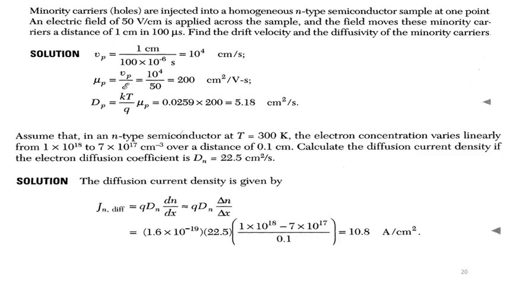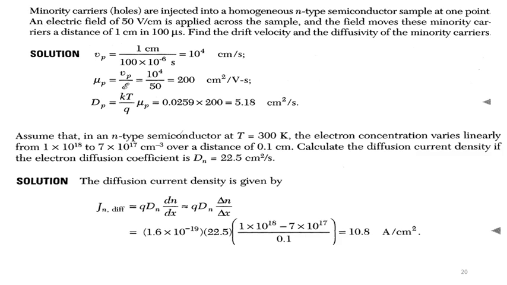Then we can calculate the velocity, that is the drift velocity. This is 1 centimeter, that is the given distance, distance upon time. Convert it, then we are getting velocity as 10⁴ centimeter per second.